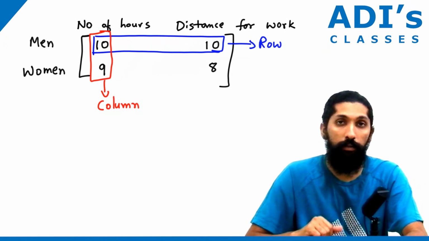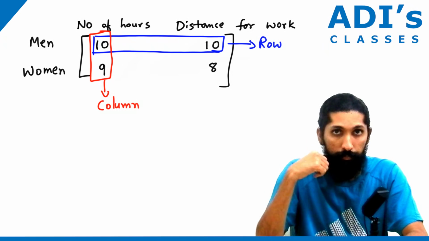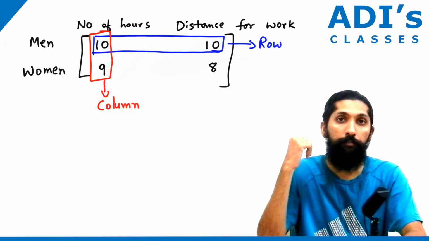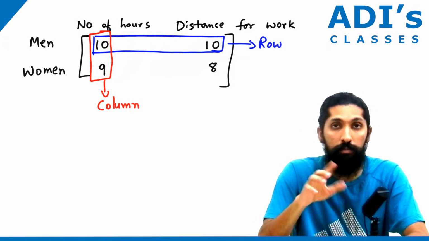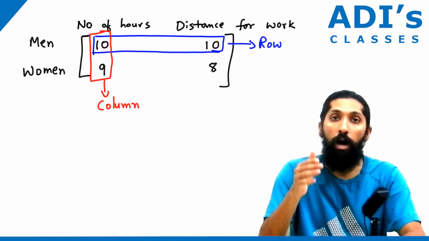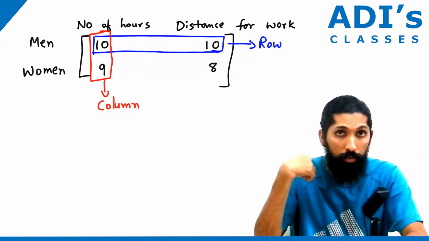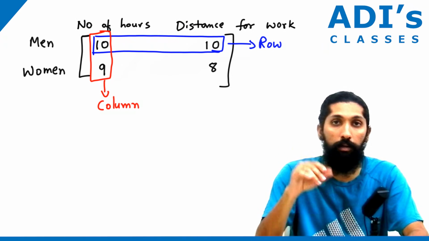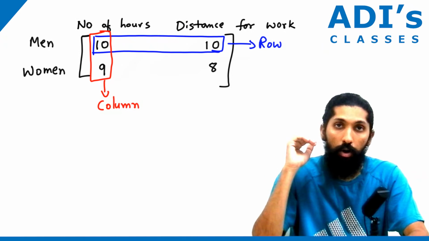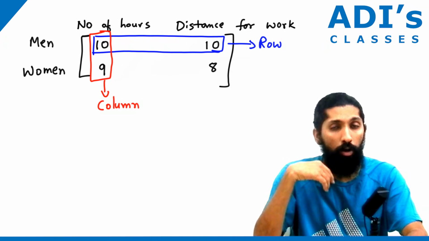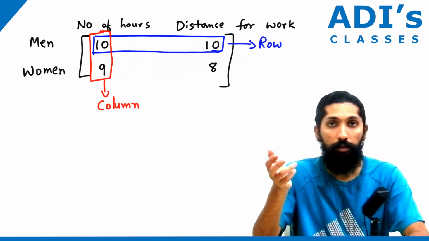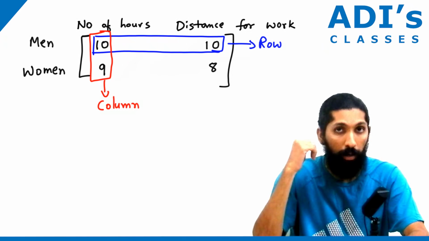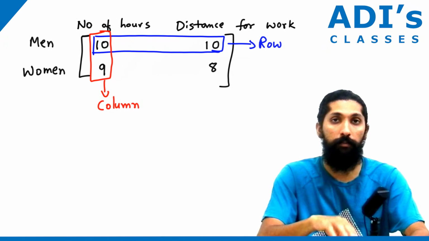In computer science, arrays are mostly used for programming, and apart from that we also use matrices in the arrangement of disks within the computer. So matrices have lots and lots of practical applications.